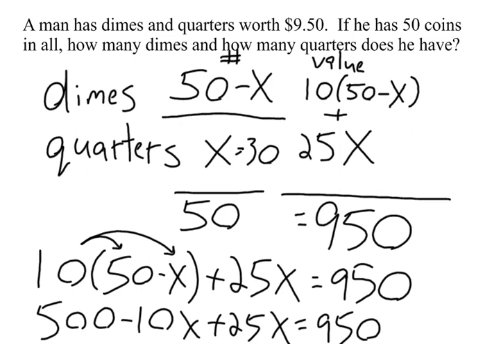But the question asks me how many dimes and how many quarters. So to figure out the number of dimes, I'm plugging that value of 30 into x here. And 50 take away 30 gives me 20 dimes. So the answer to my question is, I have 20 dimes and 30 quarters.